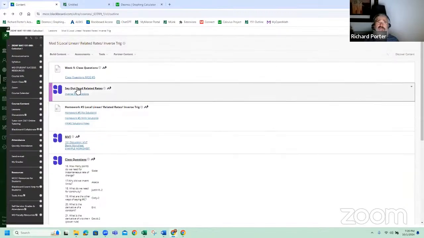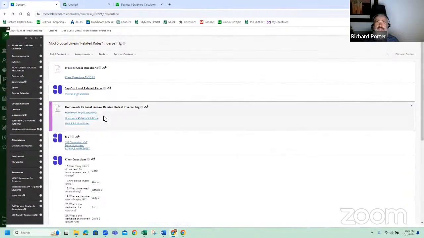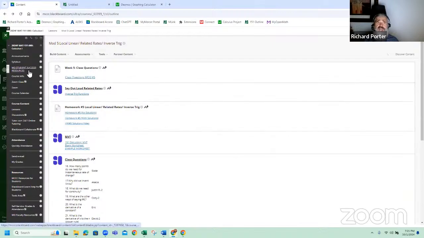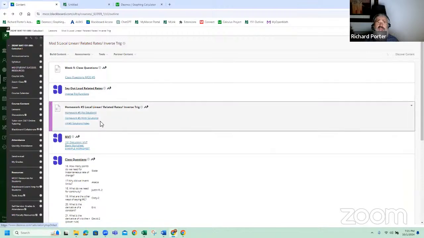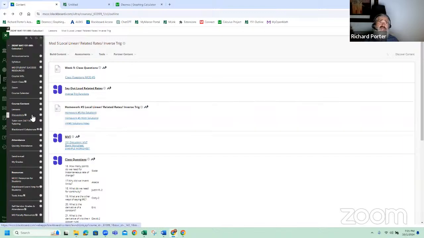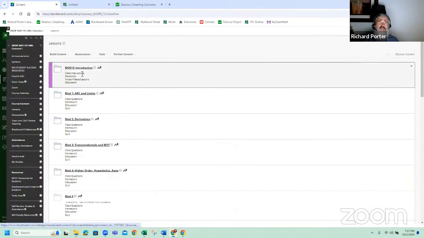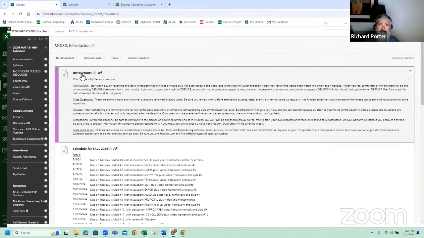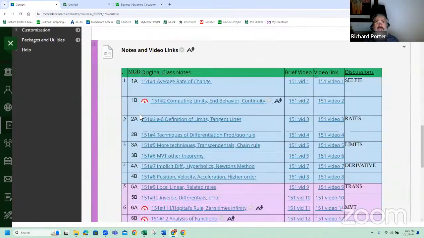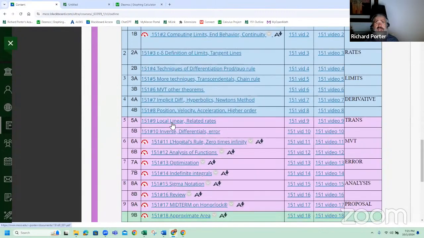So what we're going to be doing next time, oh, that's what's missing from this. I knew it was missing from this. Why didn't I put it on there? All right, so I may have to add to this some things because if I go into mod 0, click on this, I have to do inverse functions, but I also have to do differentials and error.